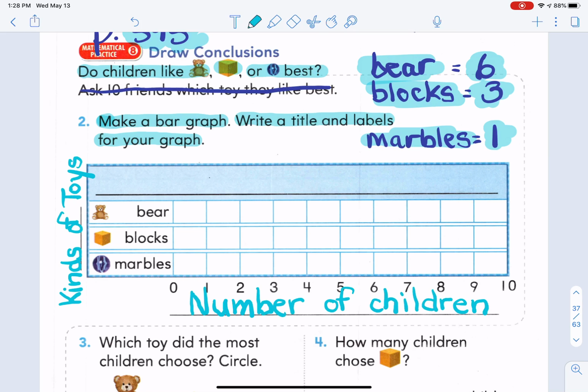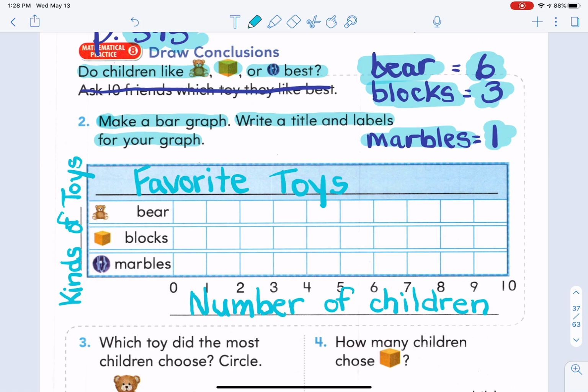We could say toys children like best. That's kind of long, but that would work. But a shorter way to say it might be something like this. How about favorite... Favorite what? Favorite toys. That would be the title.